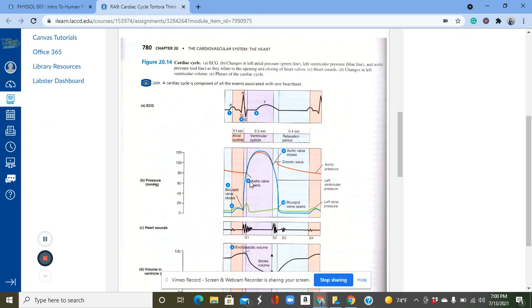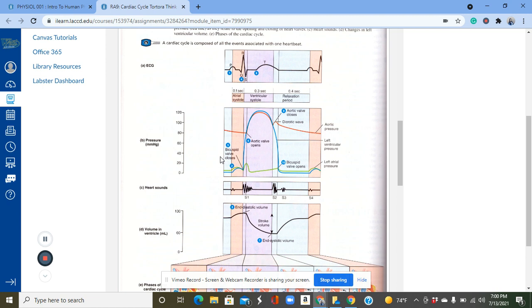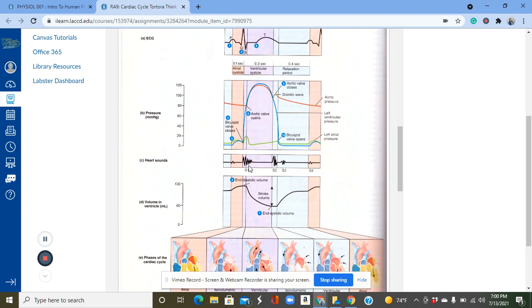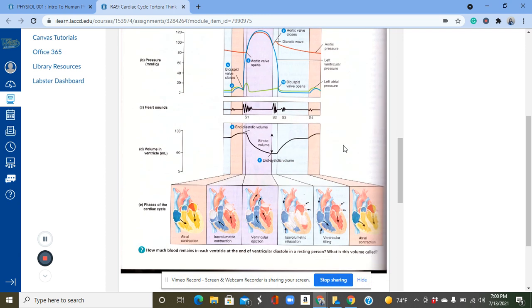In letter B, it shows the pressure changes and the important events within the cardiac cycle, and I think this is just one cycle. C is heart sounds. D is the volume in the ventricle.